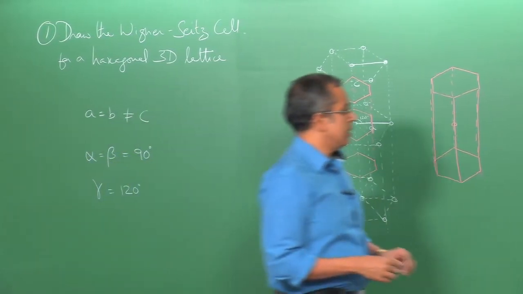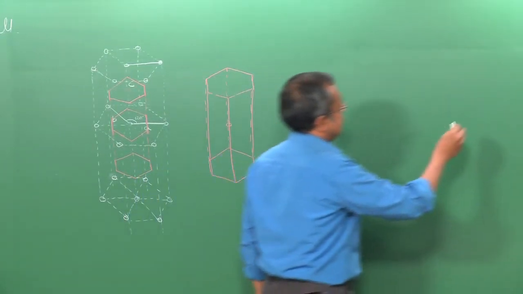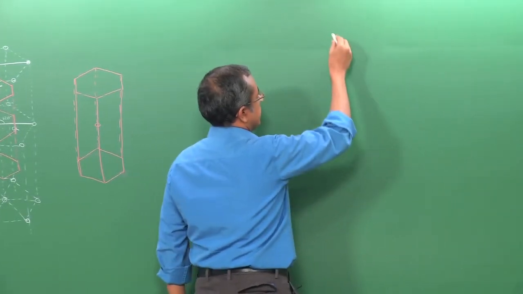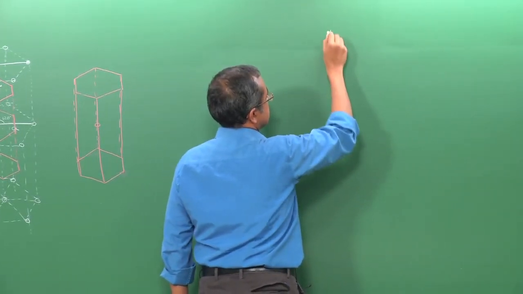We will now look at another worked example, which is for a 1D lattice.